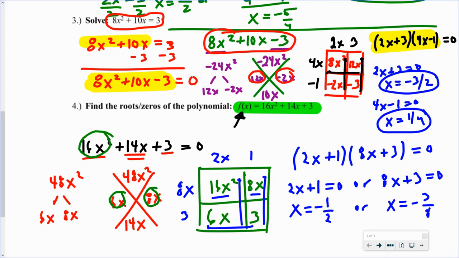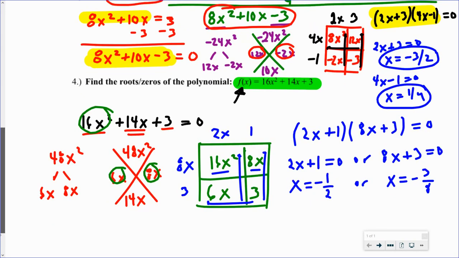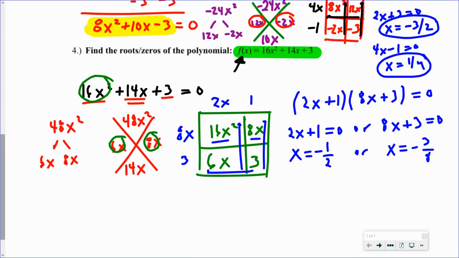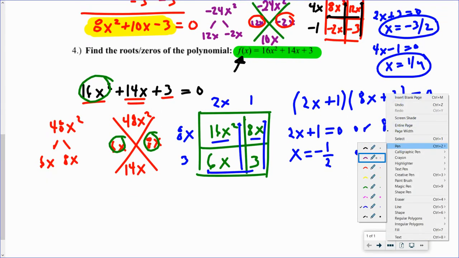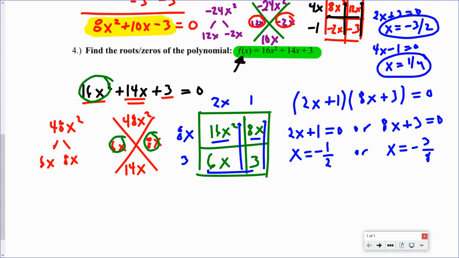So in a situation like this, when we're asked to find the roots, I'd like you to give me an ordered pair, because the roots represent where the graph is crossing the x-axis, and points in the coordinate plane have two coordinates, an x and a y coordinate. So the first solution is negative 1/2, 0, or negative 3/8, 0.